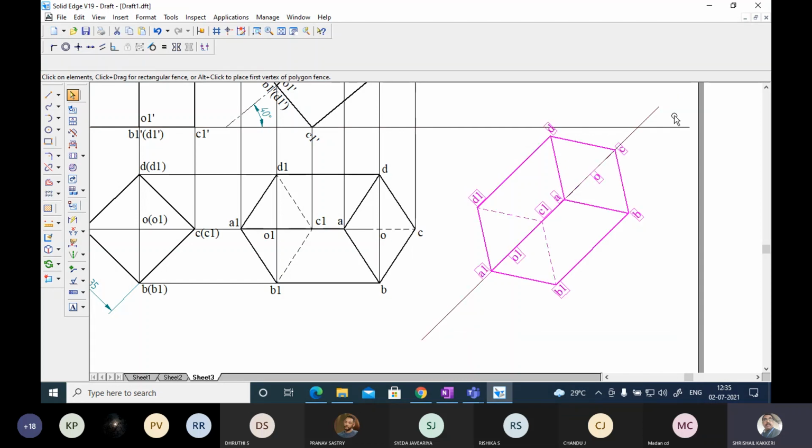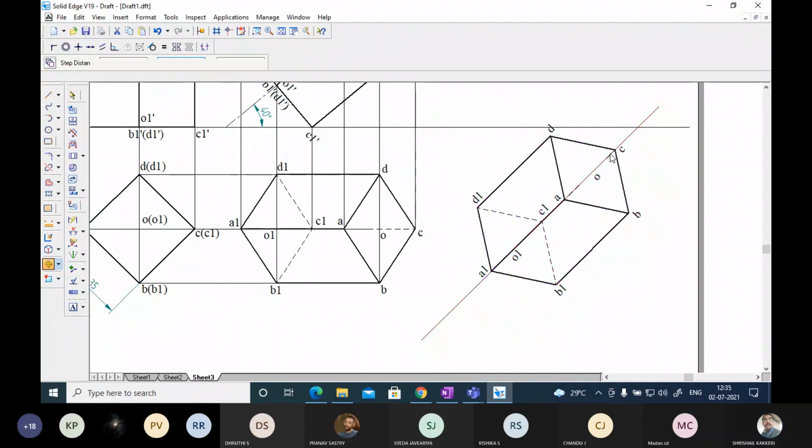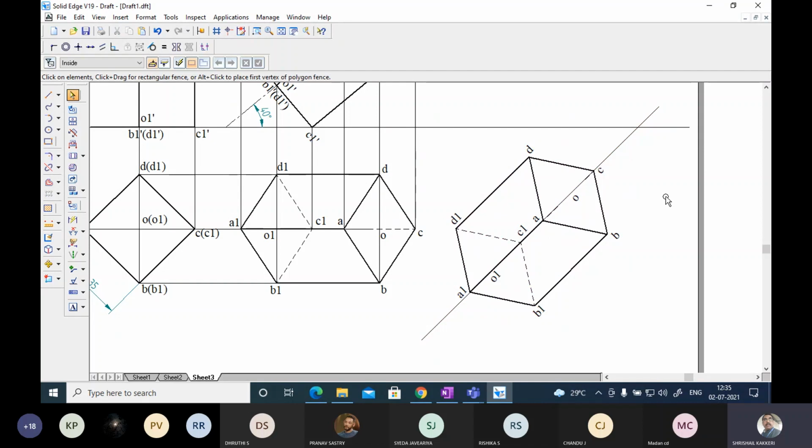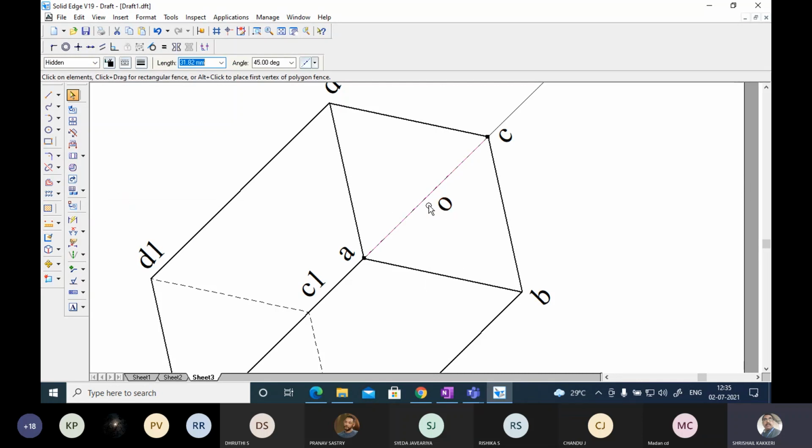So what I am doing is select all this, and keep it slightly down somewhere. Okay, I kept this. Now here, if anything is missing, you can just look into this. So here, it is coinciding with this line, and one can even do one thing.